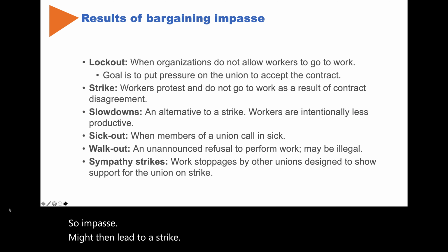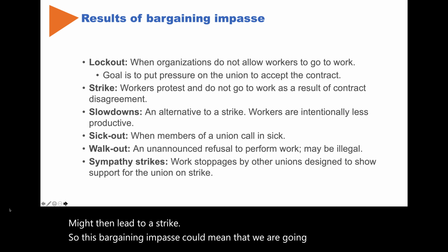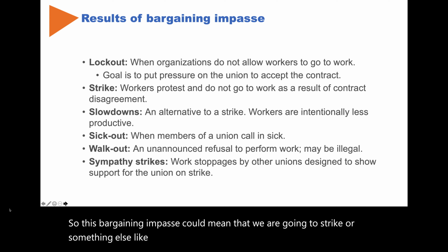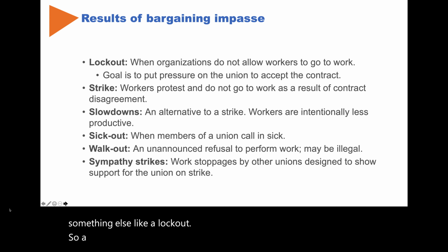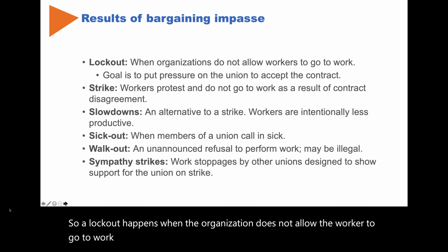So this bargaining impasse could mean that we're going to a strike or something else like a lockout. A lockout happens when the organization does not allow the workers to go to work. And the goal for that is to put pressure on the union to actually accept the contract.